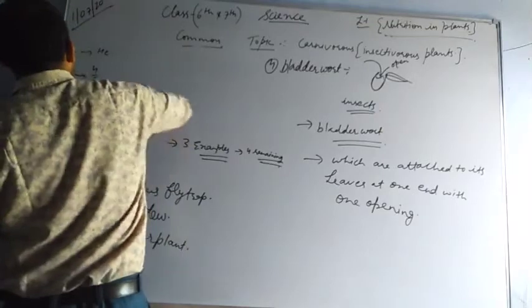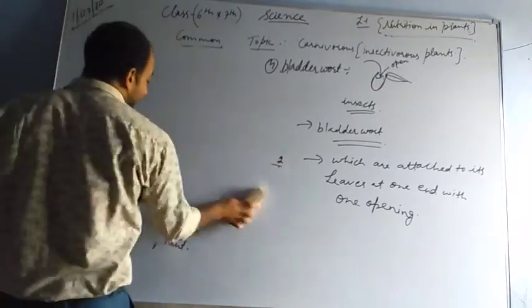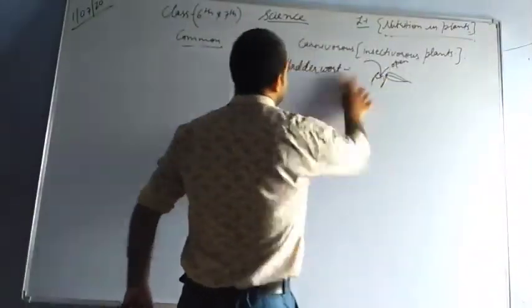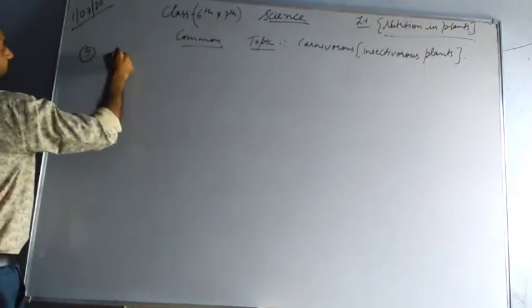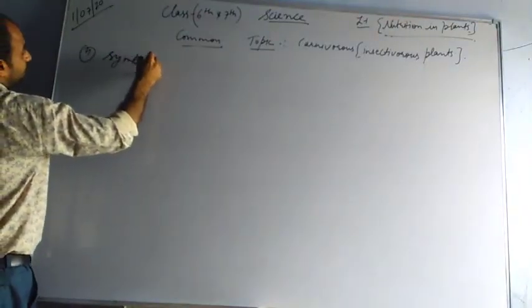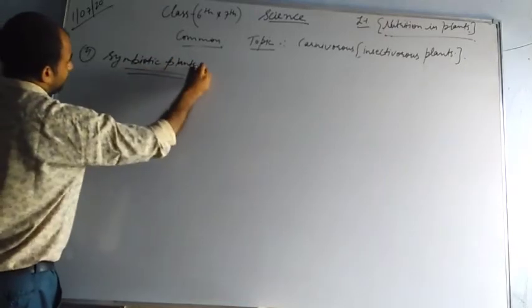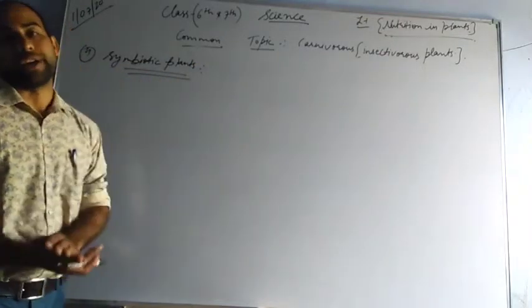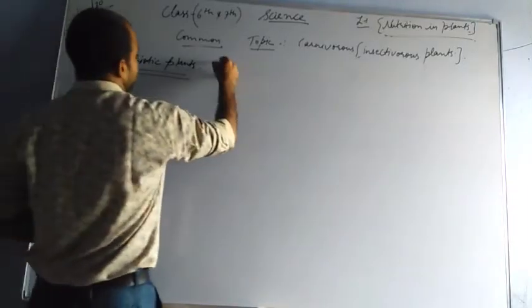Let me start our fourth category, fourth type, and that is symbiotic plants. Those plants which get mutually benefited with each other are called symbiotic plants.